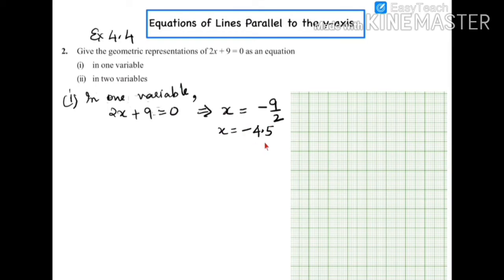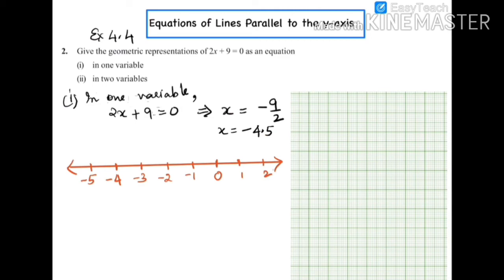So this is a unique solution of this linear equation in one variable, which can be represented on the number line. x is -4.5. So from the origin you will move towards the negative side of the number line by 4.5 units.